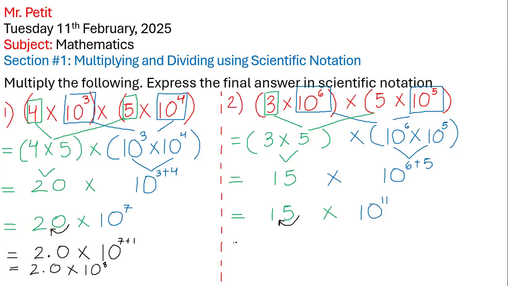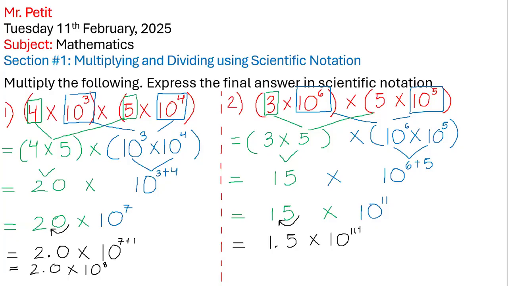So it's going to be equal to 1.5 multiplied by 10 to the 11 plus 1. Very good.